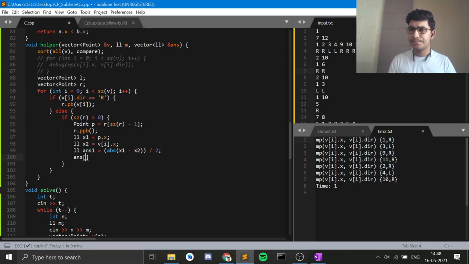Answer at P dot index equals to answer 1.